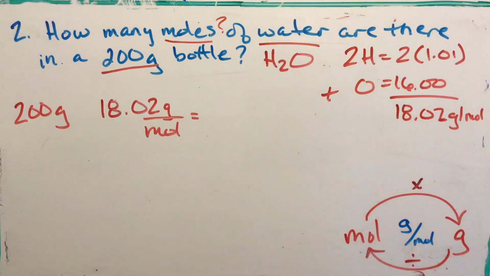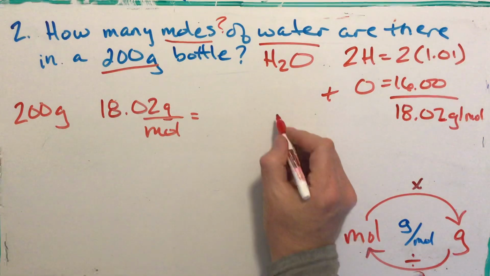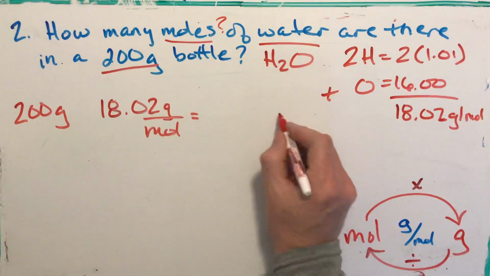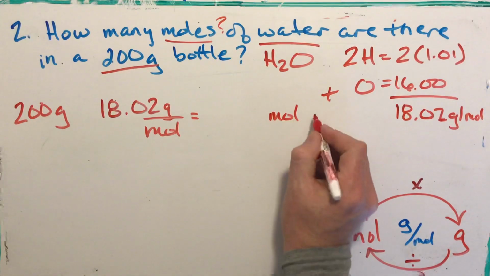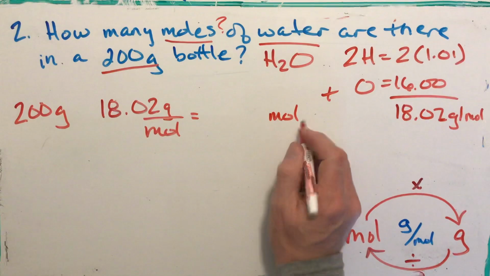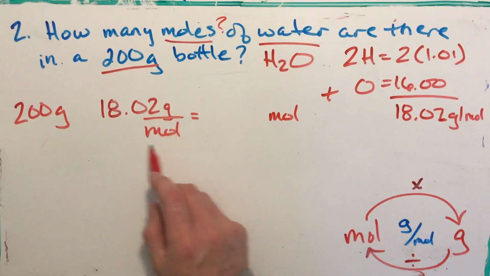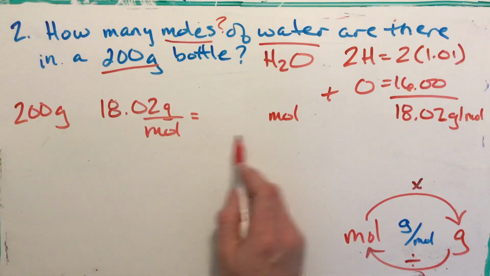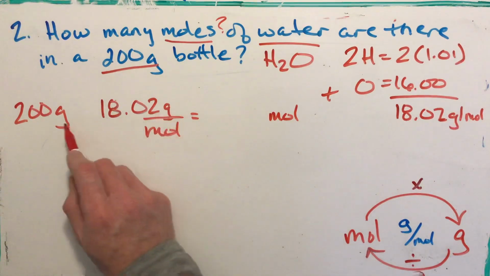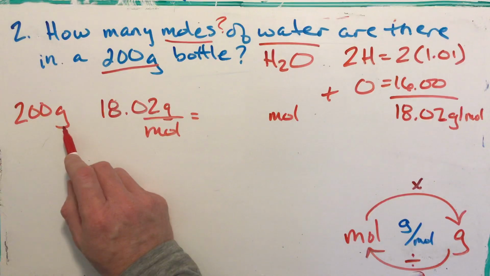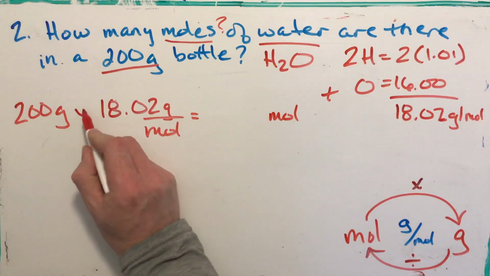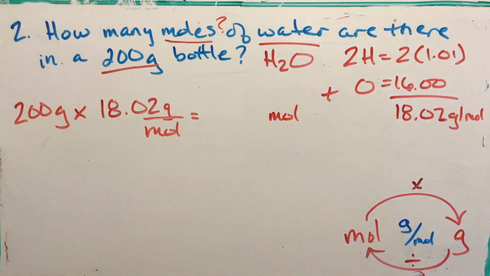Here's a simple thing to do. Think about what you have to get. How many moles of water? So I know I'm trying to find moles. And now when I look at this, I have to think, okay, I've got grams here and I've got moles. To finish with moles, I need to cancel out these grams. So if at first I went multiply, now we know this is the wrong way because I'm given grams and I'm going to moles. We know the answer is divide, it's right down here.